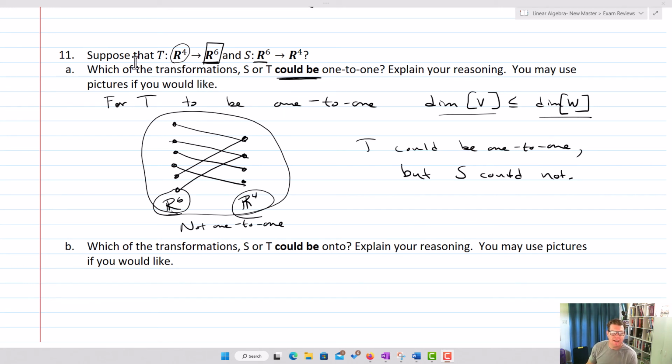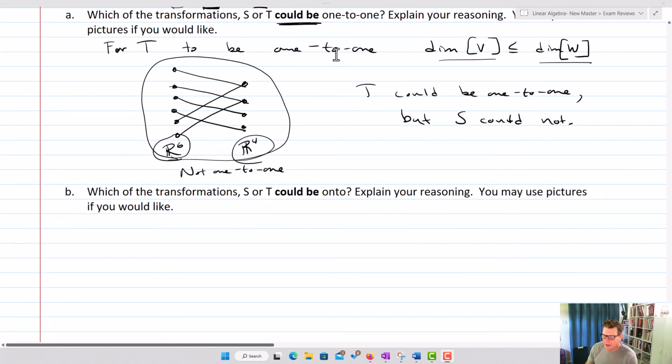So I've got T goes from R4 to R6, and S goes from R6 to R4. And in order for our transformation to be onto, the dimension of the domain has to be greater than or equal to the dimension of the codomain.